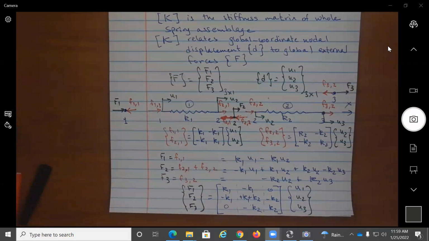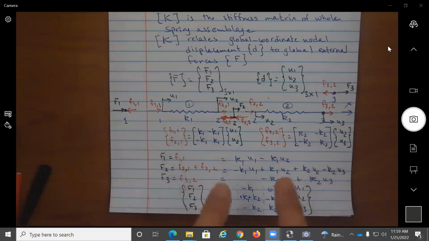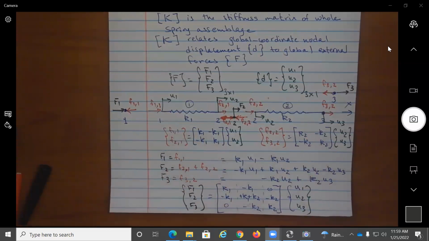So we were able to write the global stiffness equations, or assemble the element matrices to form the global or structure stiffness matrix K. Before we move on, let's look at a few things here.